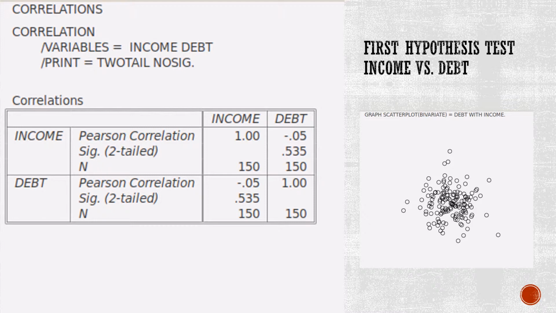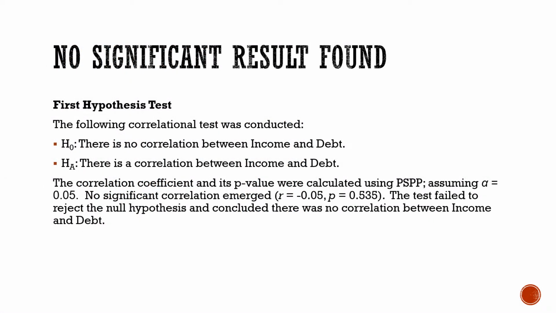PSPP will put the Pearson correlation in italics if it is a good correlation, and you would be closer to 0 on your significance tail. So in this one, we did not see a correlation.